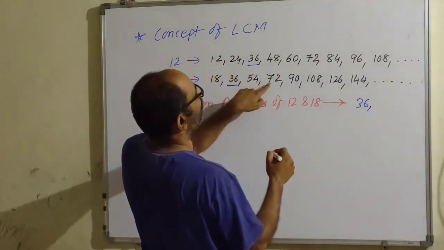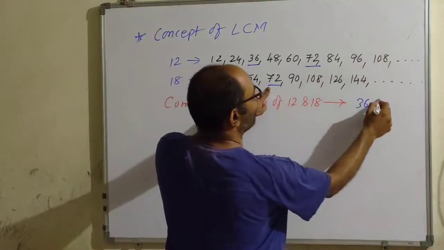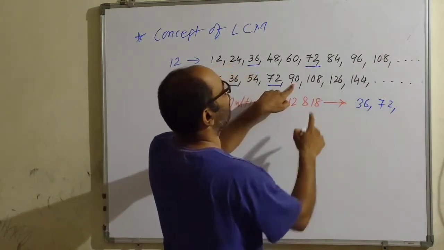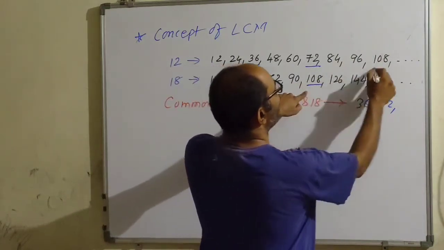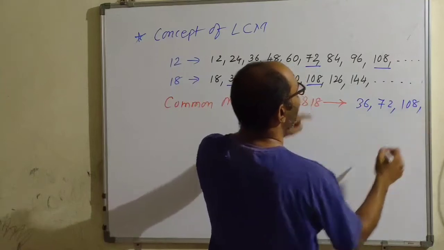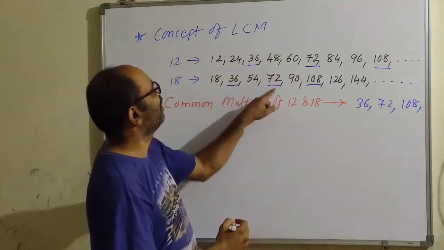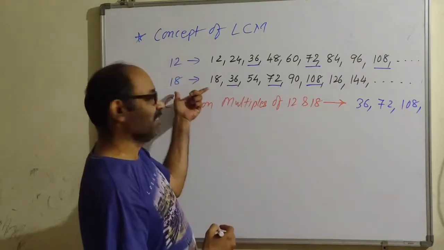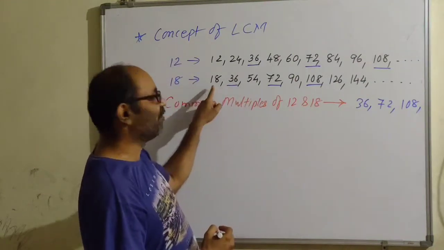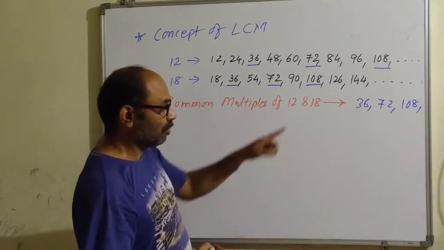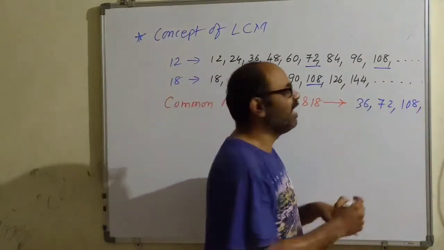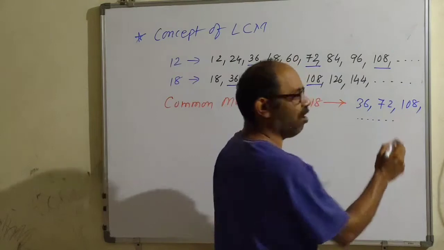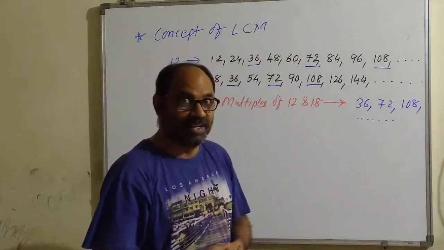Then 54, no. 72, yes. Next, 90, no. 108, yes. See, children, it's forming a pattern. Leave one and then you get a common one. The larger number of the two is 18, so you check with that. So 36, 72, 108, and so on. You get infinite common multiples as well.